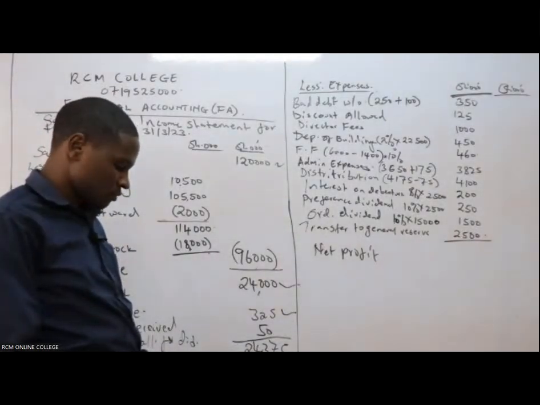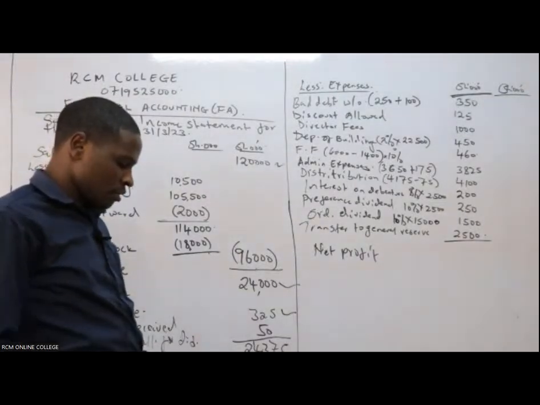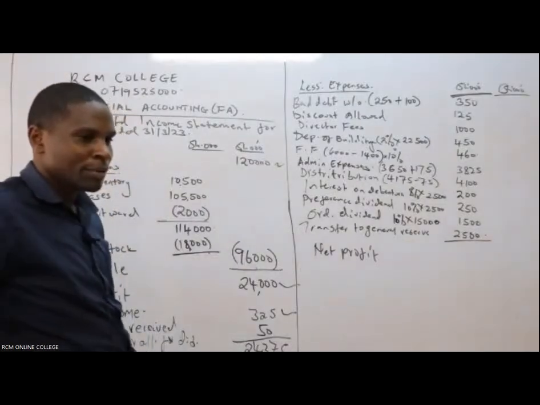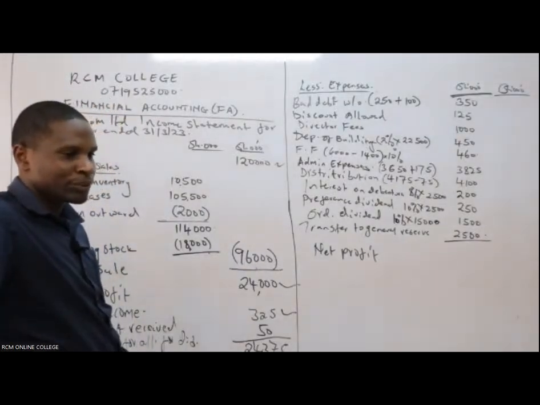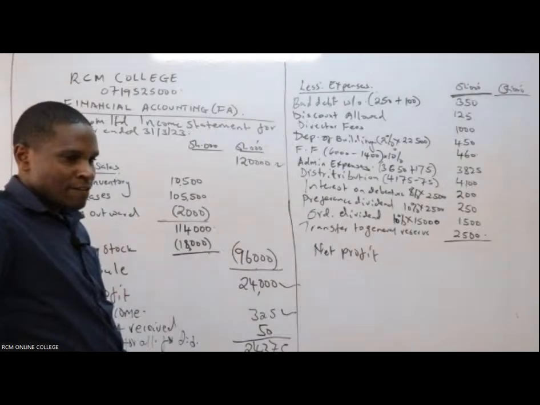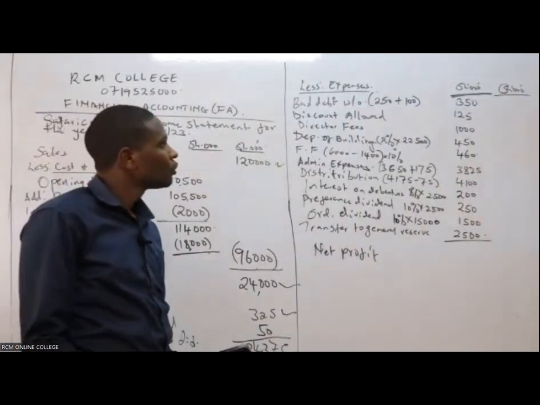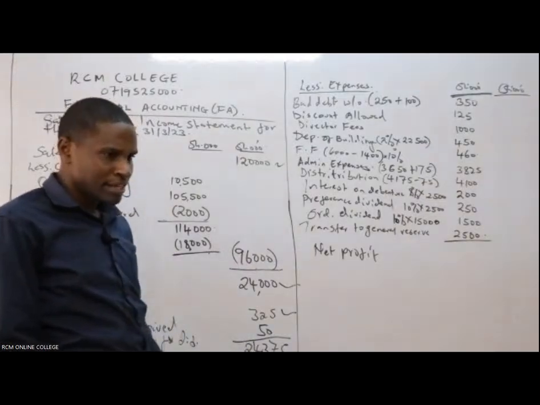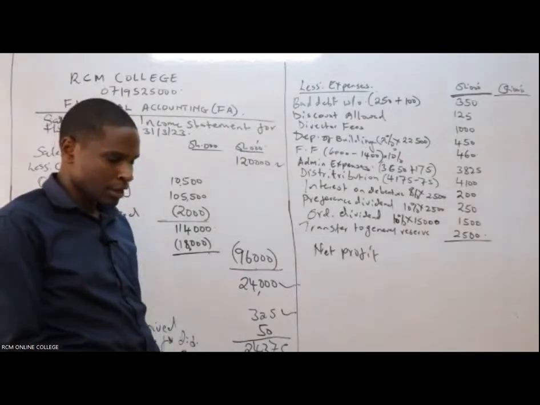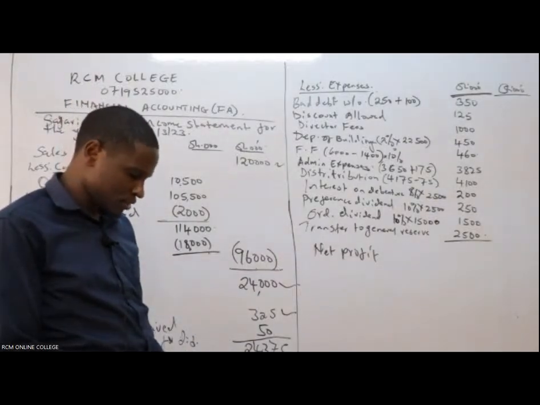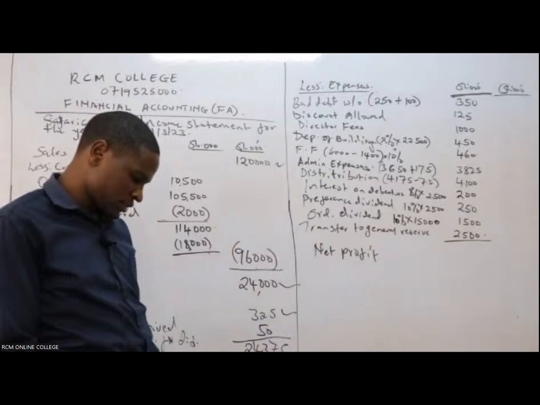And 24,375 minus 10 to 10. What are you getting? Just look. What are you getting? Or there's an item we left. Can you check under expenses? Under expenses, you have to check whether there's an item we left.